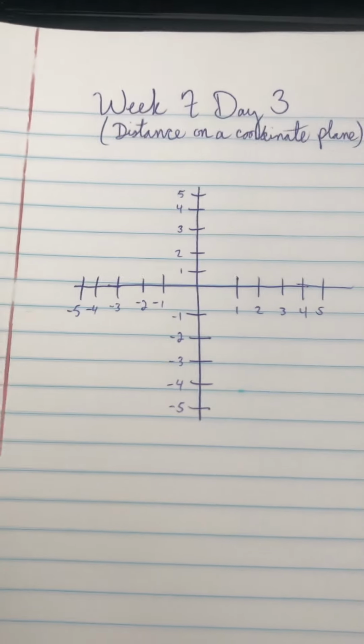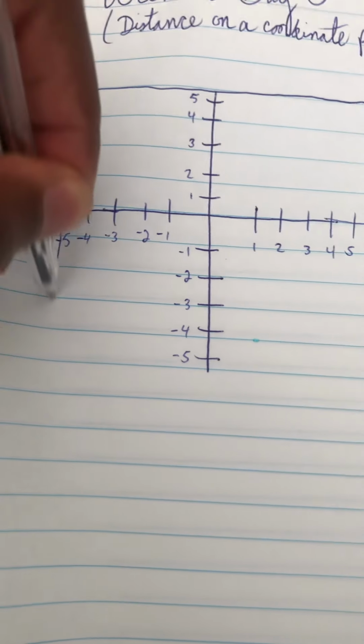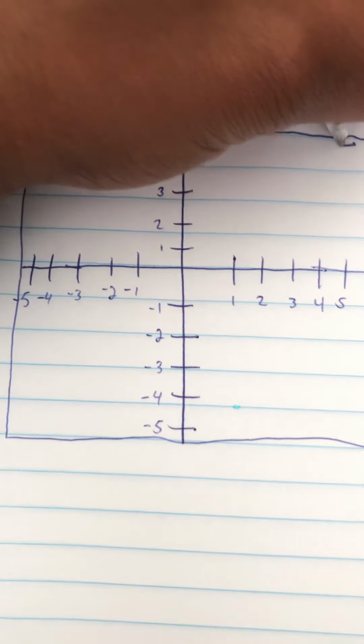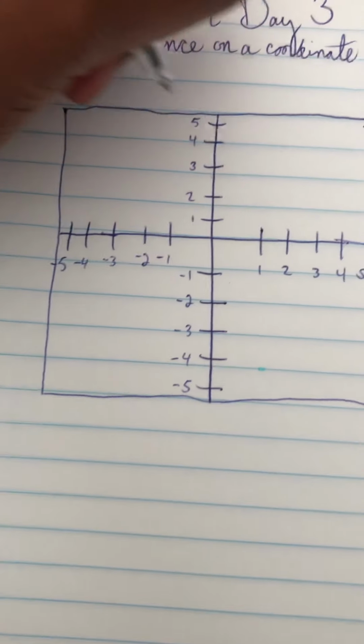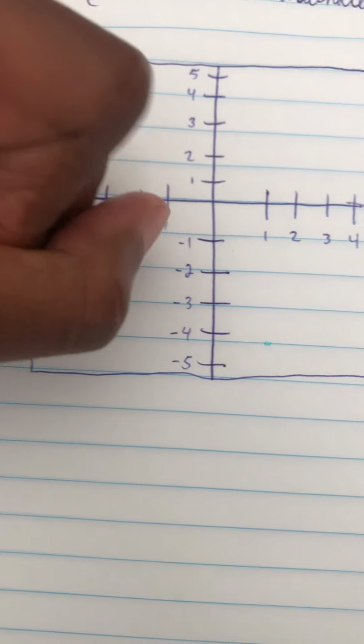So we have just drawn our coordinate plane. If you want, you can box it in. That's fine. Okay, so that's our coordinate plane. And remember here, this is quadrant 1, quadrant 2, quadrant 3, and quadrant 4.